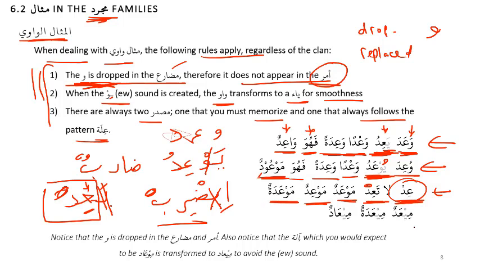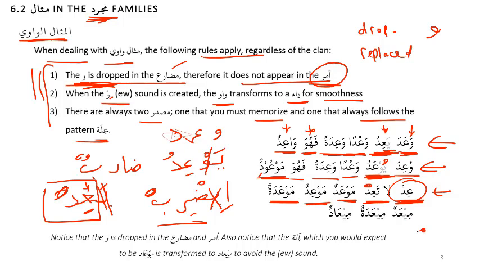And then if you remember, ismul ala has a kasra, meem kasra. For a key, that was miftah, or for a fan, mirwaha. So notice here, meem with a kasra. Now, what is the first root letter?